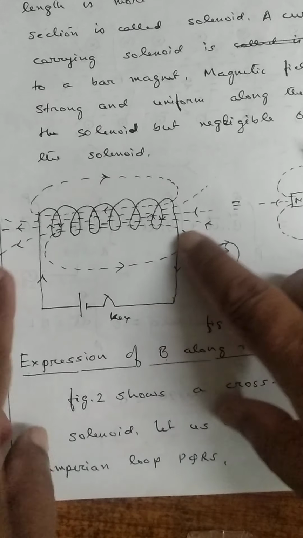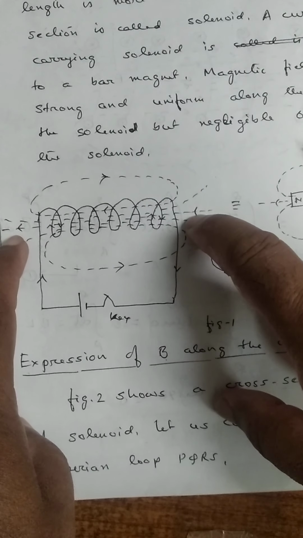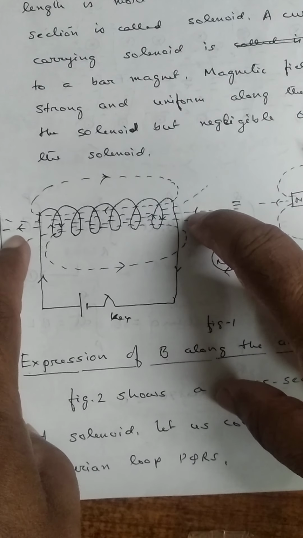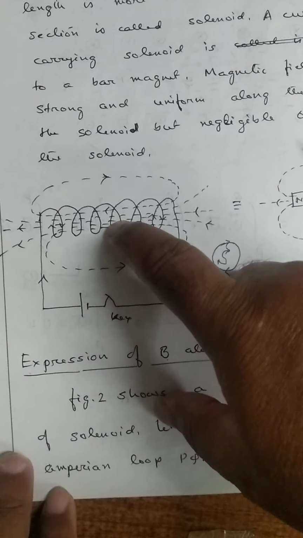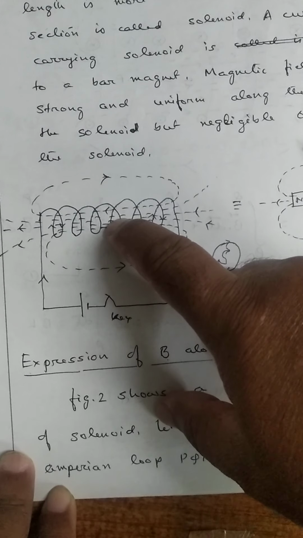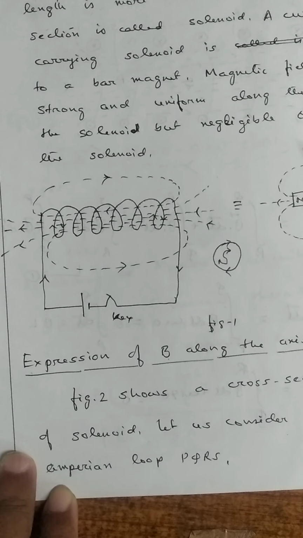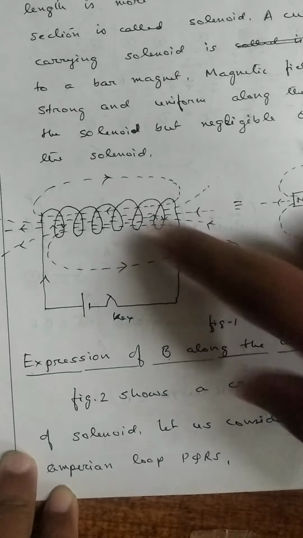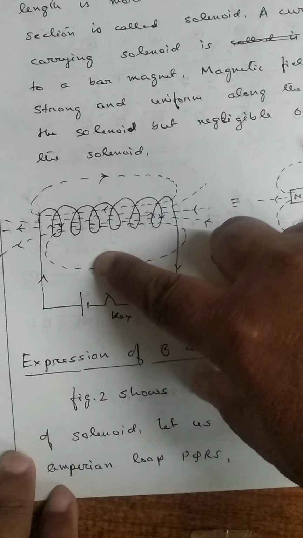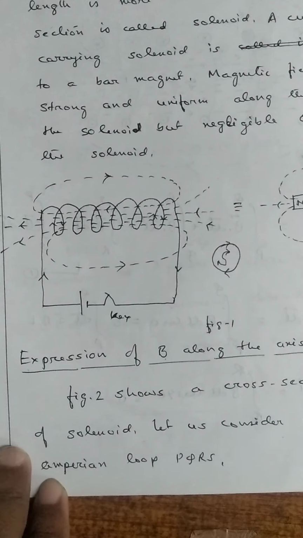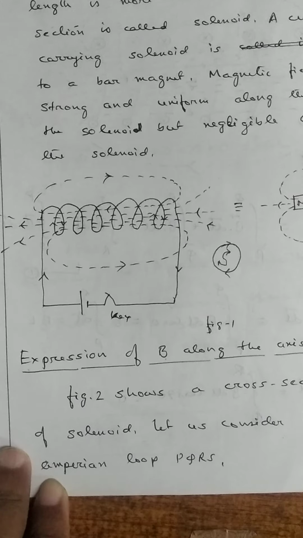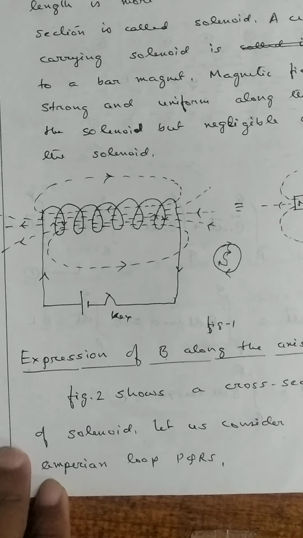That means magnetic field induction in these two regions is small compared to the magnetic field induction along the axis and central part of the solenoid. Our magnetic field here and here is very weak. Therefore, with the help of a solenoid, we cannot produce a very strong magnetic field.